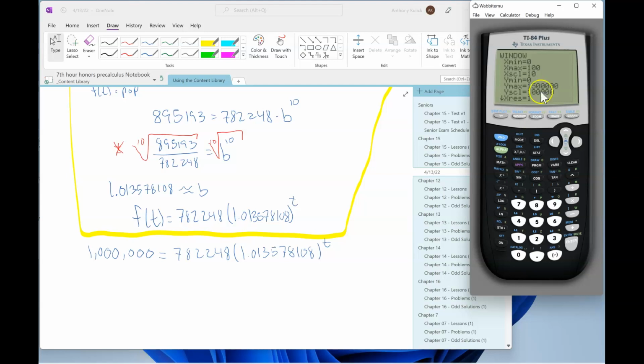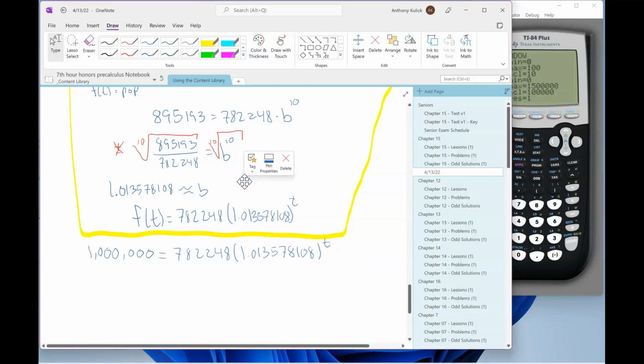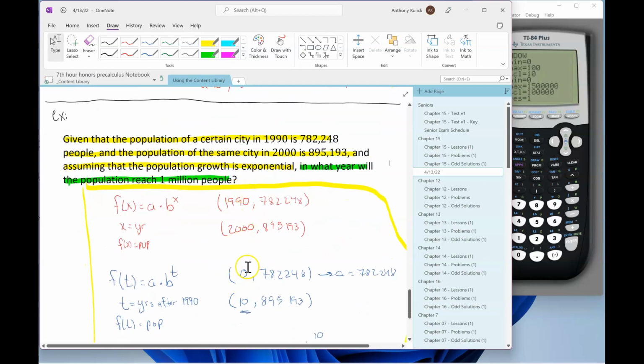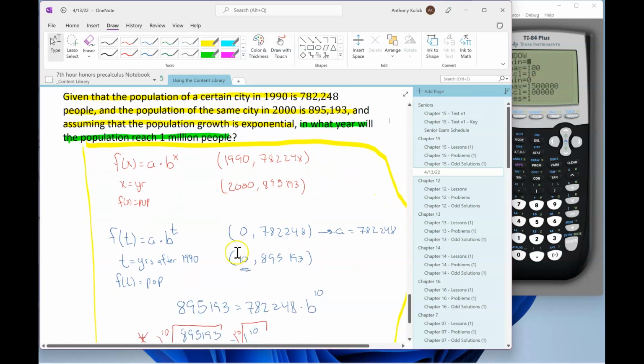So remember here, my x variable in my calculator is representing the t in my equation, which is the years after 1990. The first year after 1990 that I care about is 0. That makes for a good lower bound. 10 years after, my population's gone up about 100,000. 20 years after, I'm going to estimate the population's probably going to go up about another 100,000.